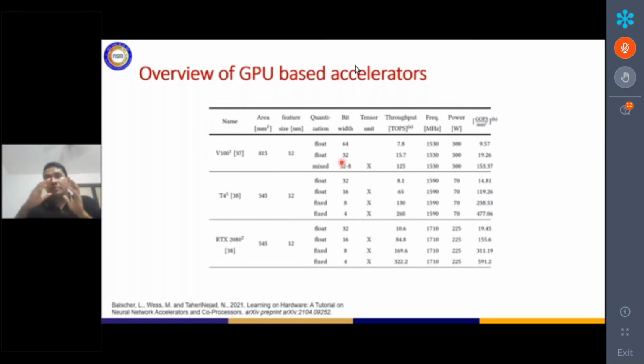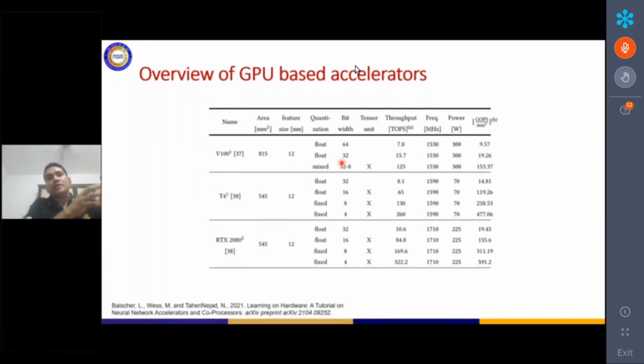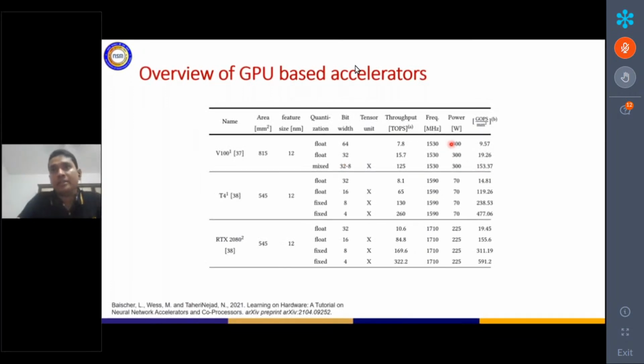So precision, compute density, the energy, you can see all are in the same power envelope. In the same power envelope, without inducing more energy, you are actually getting much more performance density.